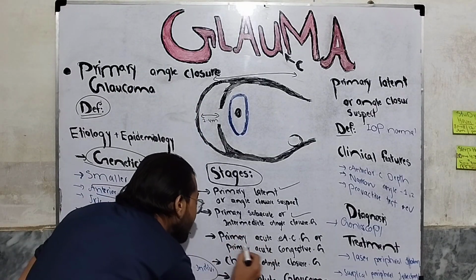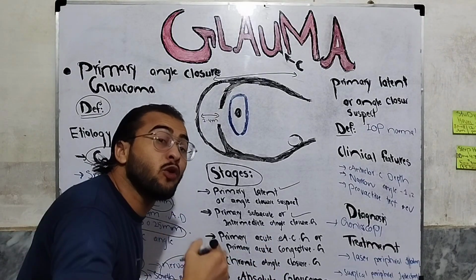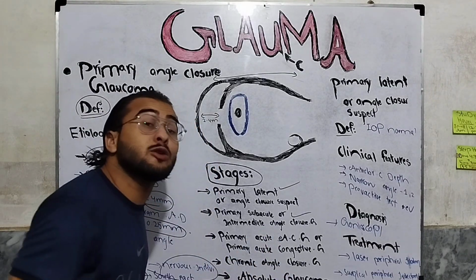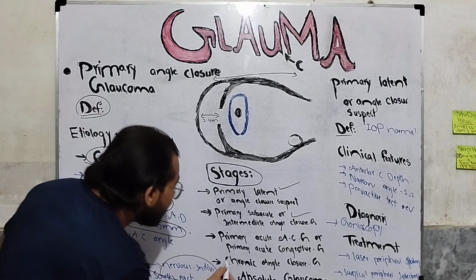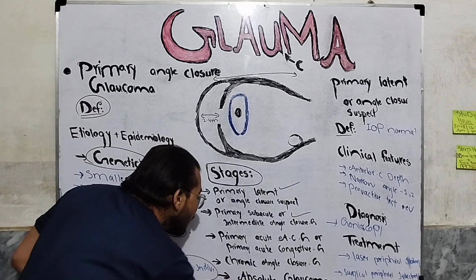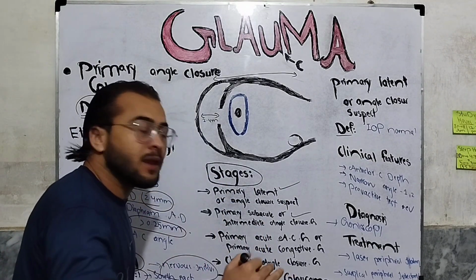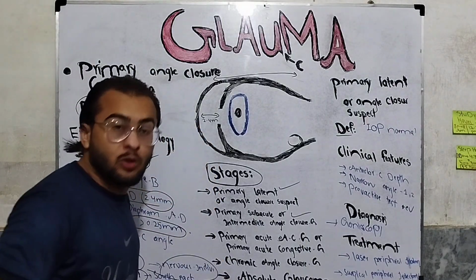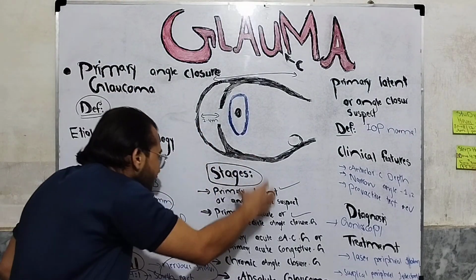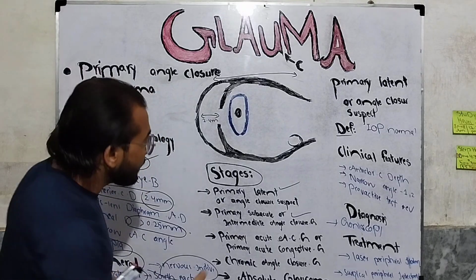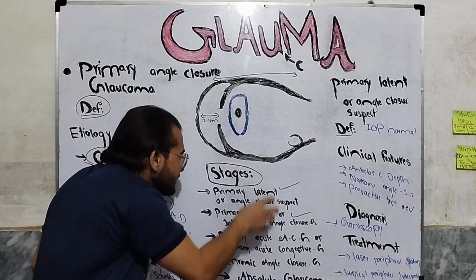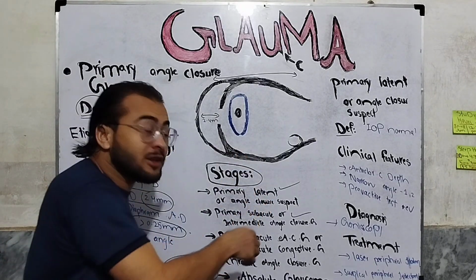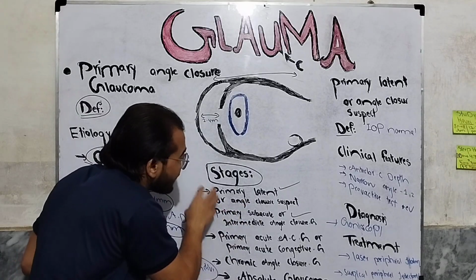And this third stage can enter into the fourth stage, which is the chronic angle closure glaucoma, and ultimately this fourth stage can enter into the last stage in which we have a hard blind eye. This is called absolute glaucoma. These stages can follow each other, but they can also skip directly.